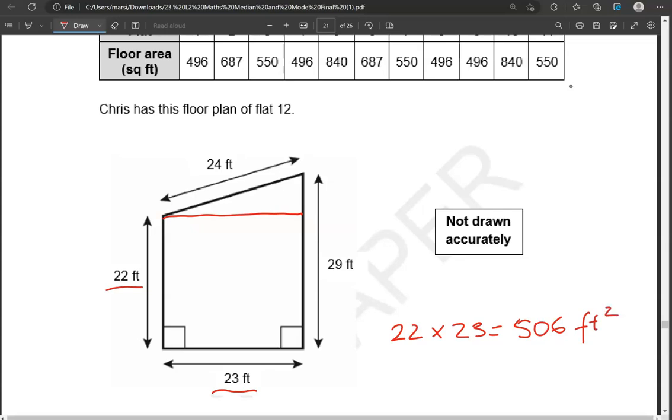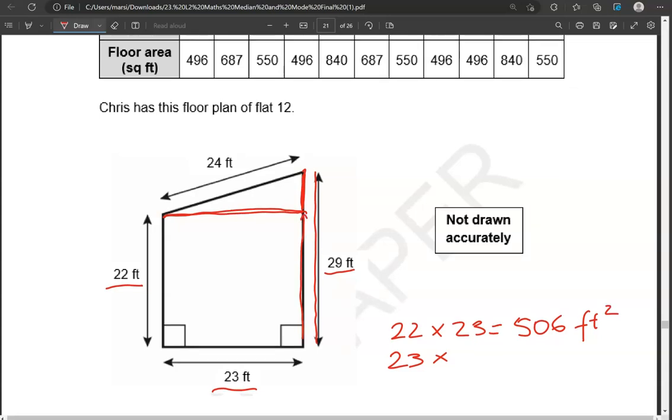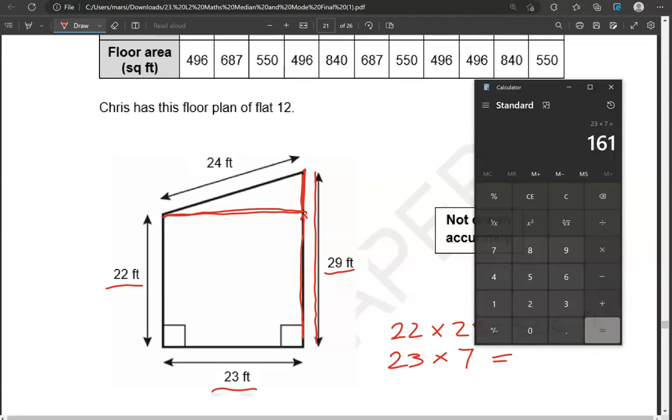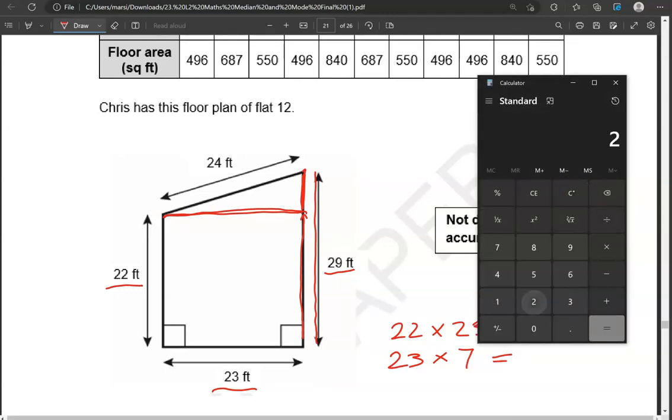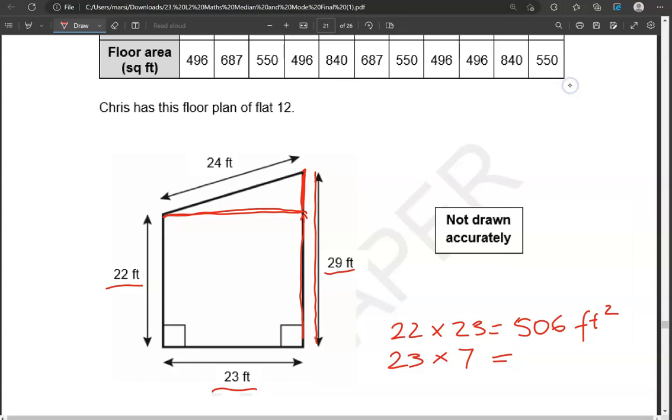And for the area of the triangle, we multiply the base, which is 23 feet, by the height here, which we're going to work out by doing 29 take away 22, which is 7. So 23 times 7 is 161. But we need to divide that by 2 to work out the area of the triangle.